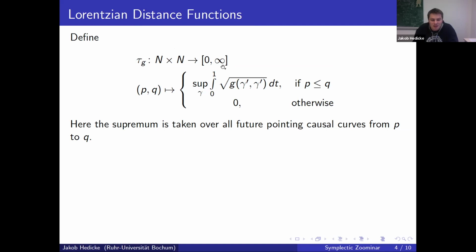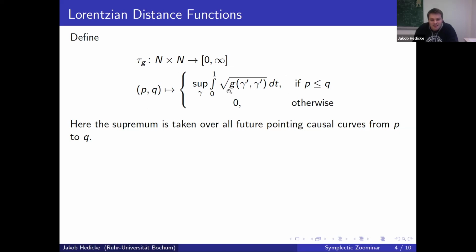In many situations, it will even take the value infinity between some points. It's defined in the following way: we again look at lengths of curves, like in the Riemannian case, but the square root is of course only defined for causal curves, because otherwise this metric would be negative.